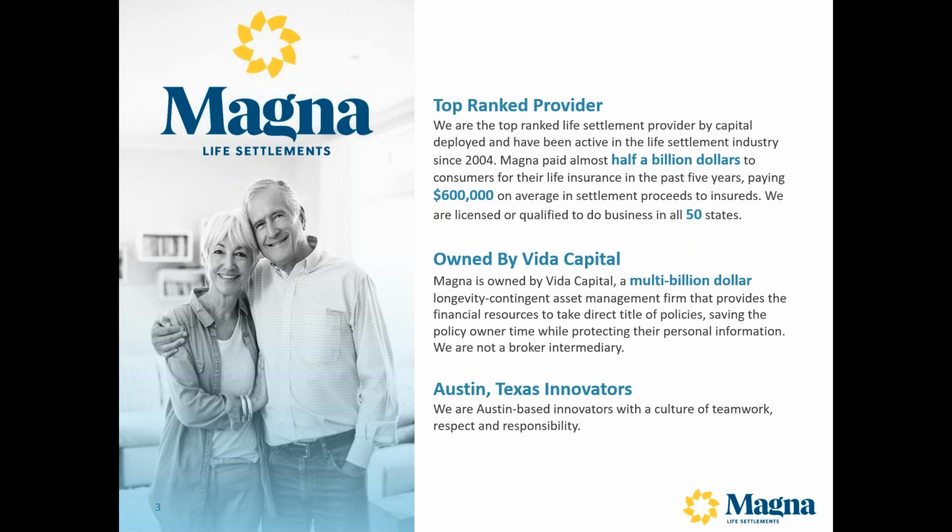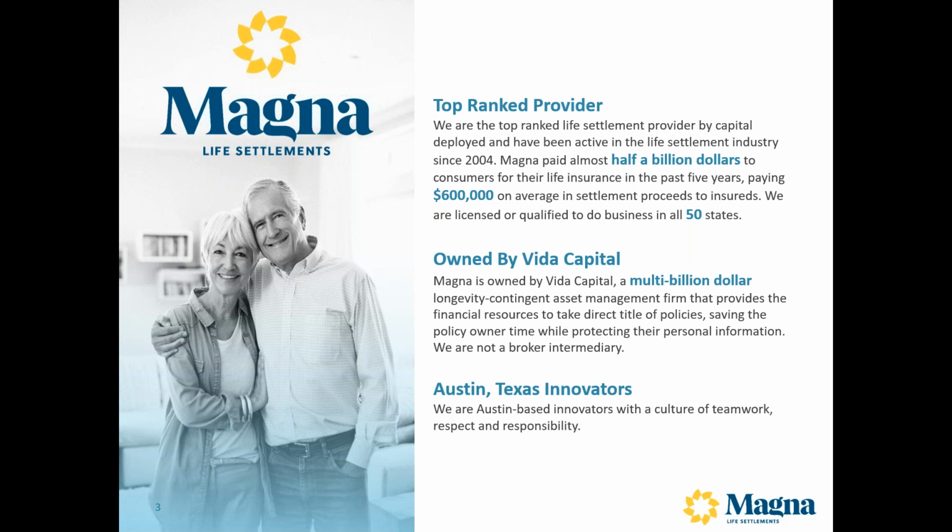A big reason we're able to do so is that we're owned and funded by Vita Capital. We've got multiple funds, but we're a hedge fund, a multi-billion-dollar longevity contingent asset manager, which is a fancy way of saying a hedge fund.